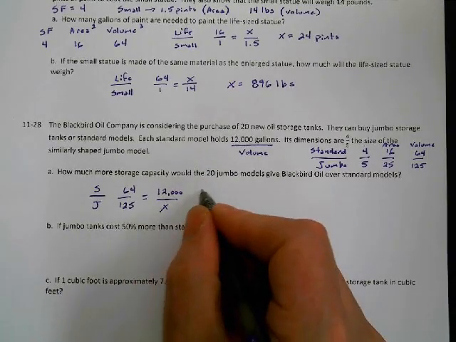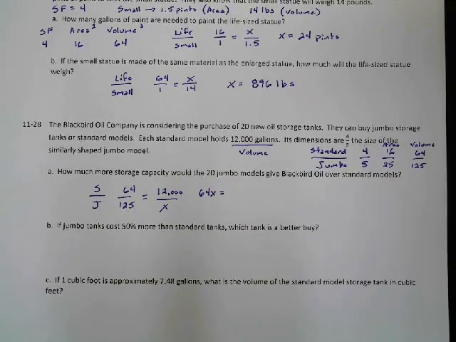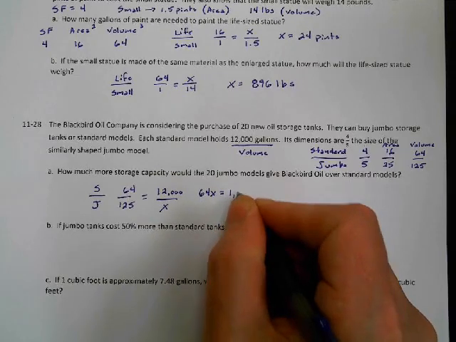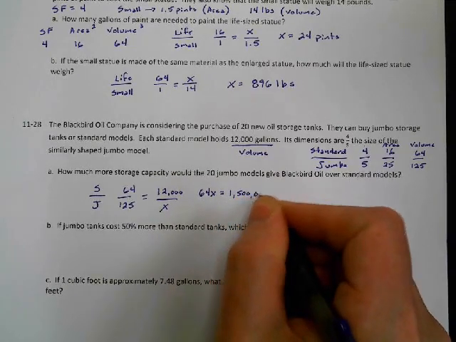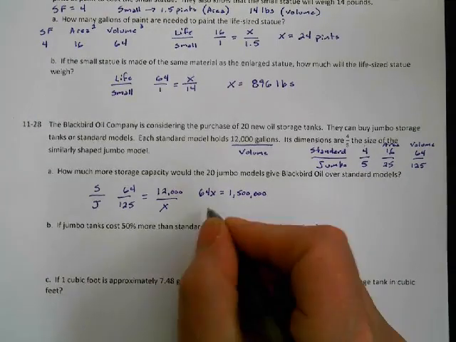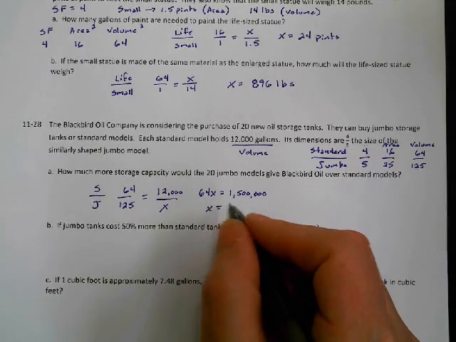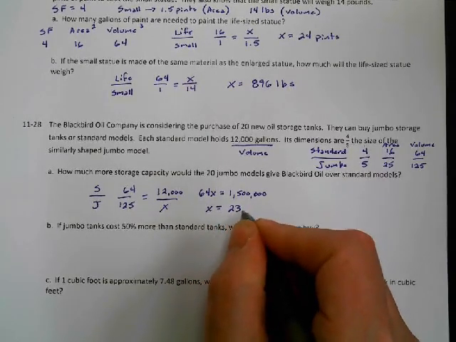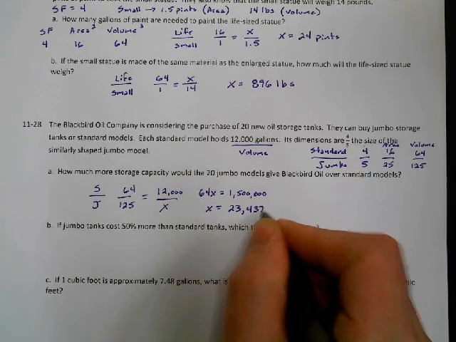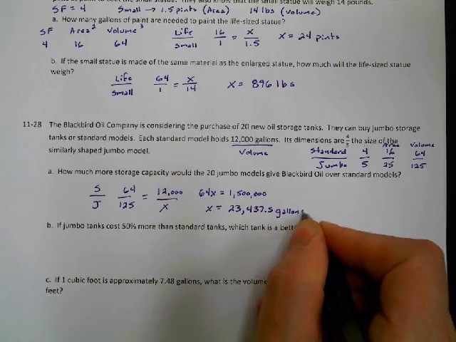We get 64x equals 125 times 12,000, 1,500,000. And then we divide by 64, and we end up with 23,437.5 gallons. All right, that's not our answer.